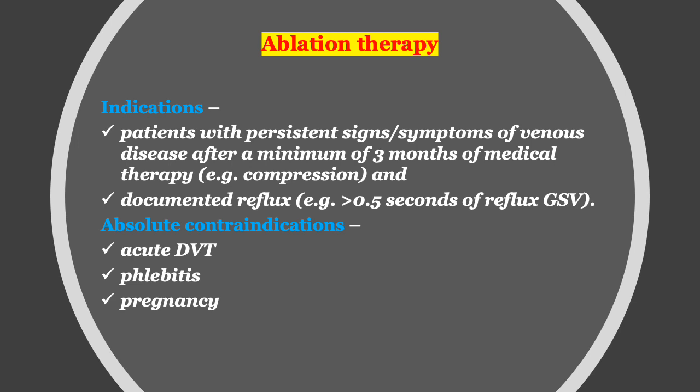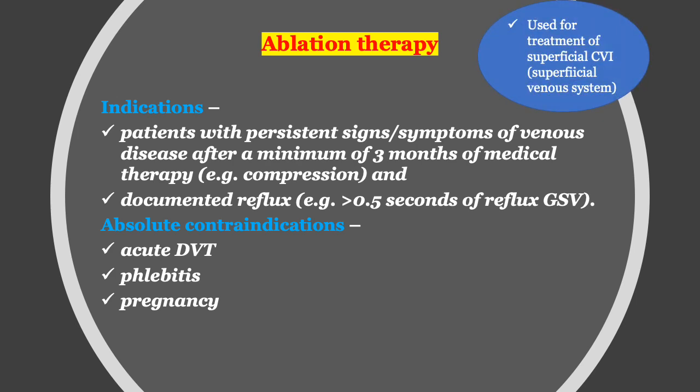Please notice here, ablation therapy, by which I mean either surgical ablation or endovenous, like laser or radiofrequency. Okay, so we have surgical ablation and endovascular or endovenous ablation therapy.